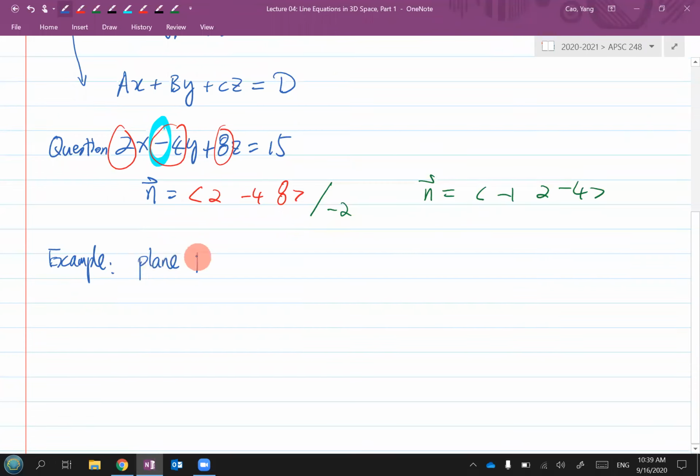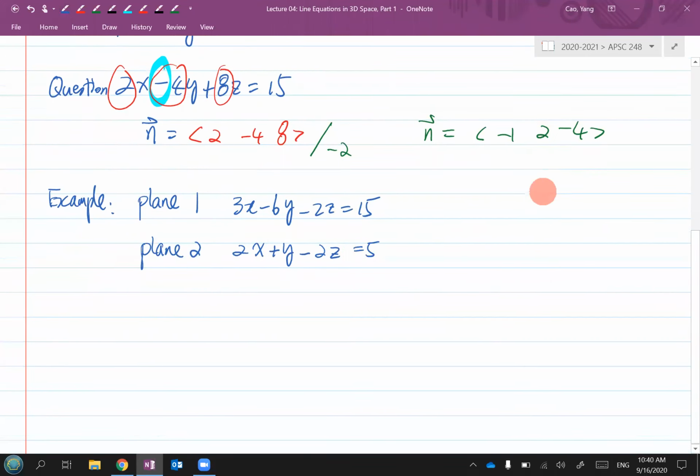So let's see, I have plane number 1, and then plane number 2, and we're looking for the angle between the two planes.